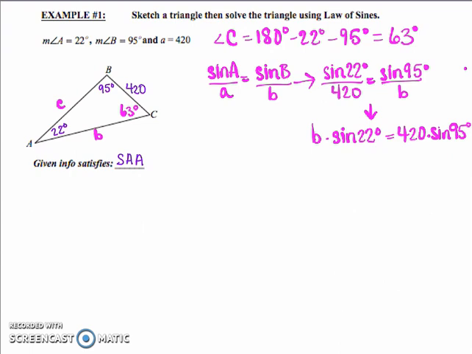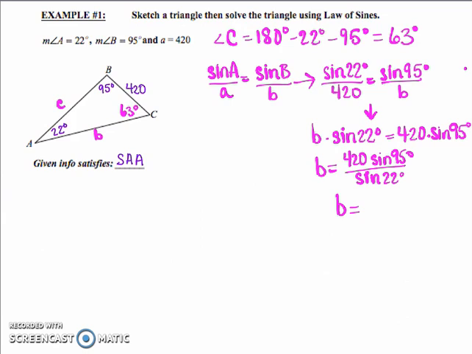Then to get b alone, we divide by sine of 22. So b is equal to 420 times the sine of 95 degrees divided by the sine of 22 degrees. You grab your calculator, and make sure that you are in degree mode first.